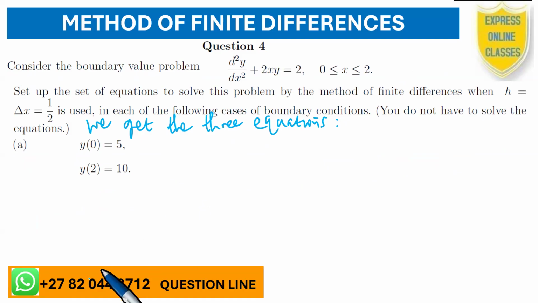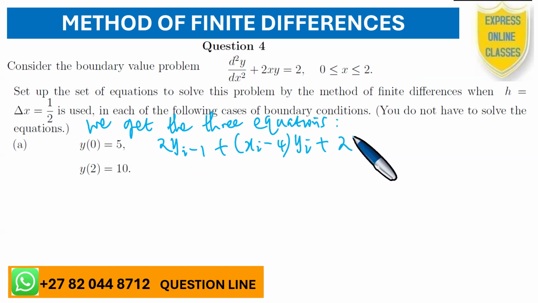So now we remember the equation star. The equation star was just the equation 2 y(i minus 1) plus x(i) minus 4 y(i) plus 2 y(i plus 1) equals 2. We called this star, and we recap on it. However, we get three equations more.